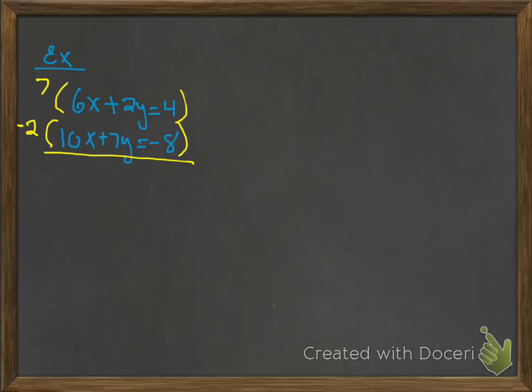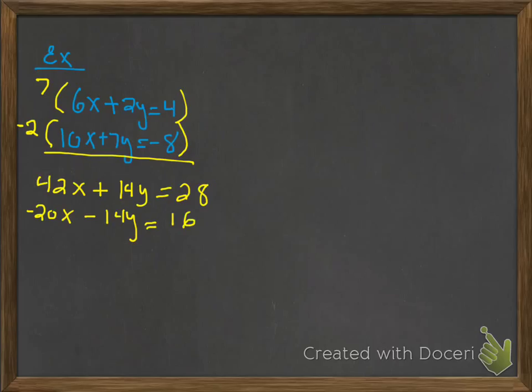So when I multiply the top by 7, I end up with 42x plus 14y is equal to 28. And I multiply the bottom by negative 2, and I get negative 20x minus 14y is equal to 16. So notice I've now made it so I can cancel out my y's.